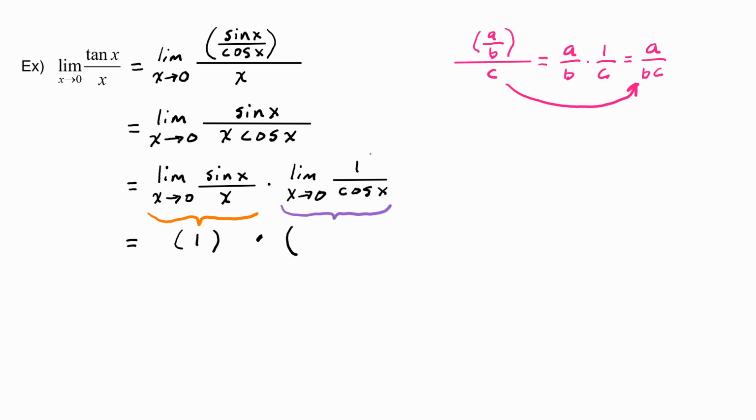It has a constant of 1 in the numerator. In the denominator, we have a trig function, which means we will evaluate the limit with direct substitution, and cosine of 0 is equal to 1. So now we have 1 times 1 over 1, which of course simplifies to 1.